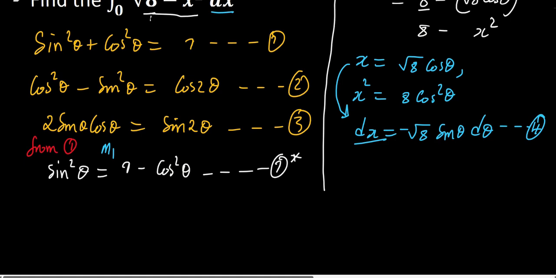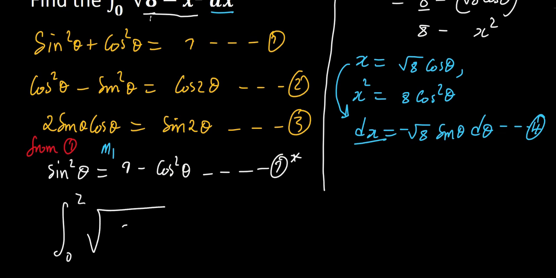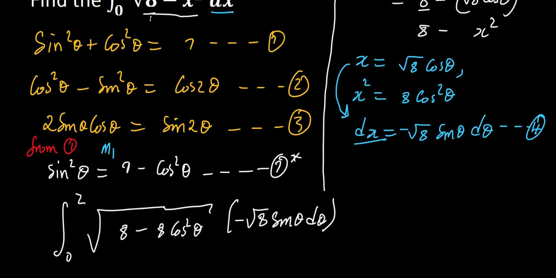So doing that, we see that we have the integral from 0 to 2 of the square root of 8 minus our x squared, which is 8 cos squared theta, and our dx from here is minus the square root of 8 sine theta d theta. Good. So that's what we have for now.